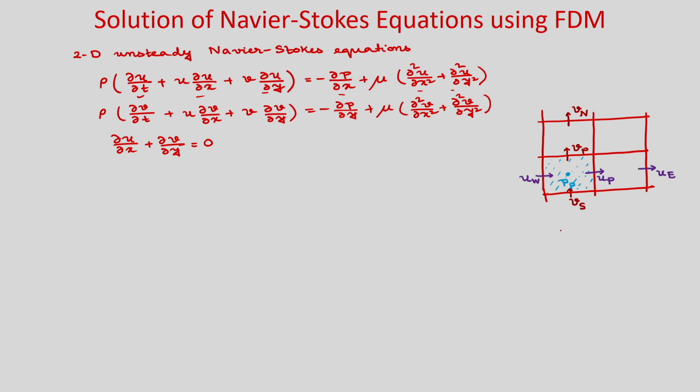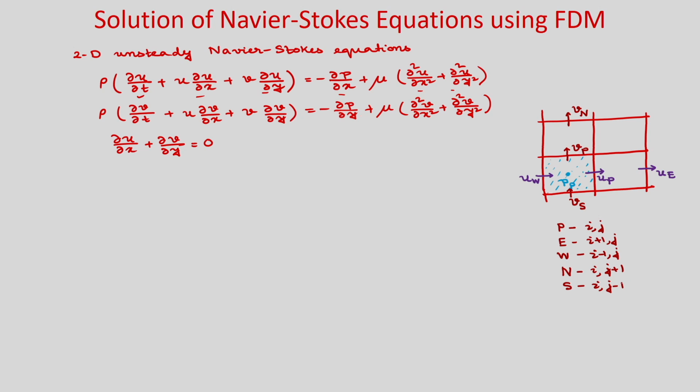So, as I discussed in the last class, P denotes indices i j, e denotes i plus 1 j, west w denotes i minus 1 j, north n denotes i j plus 1, and south s denotes i j minus 1.